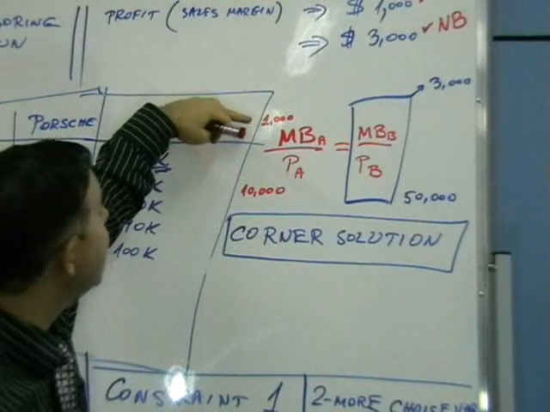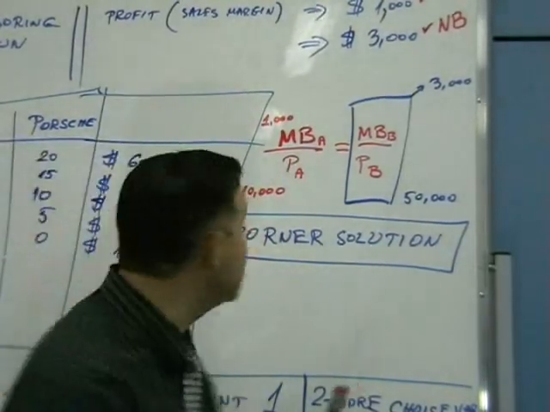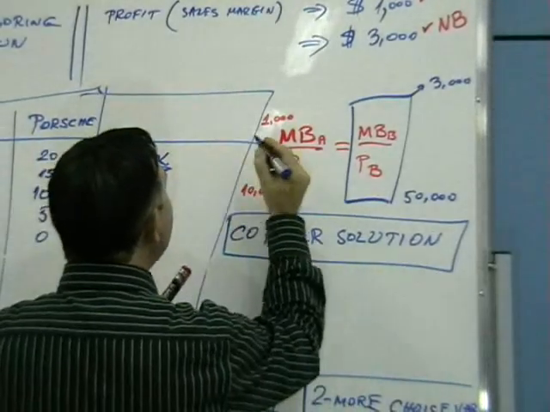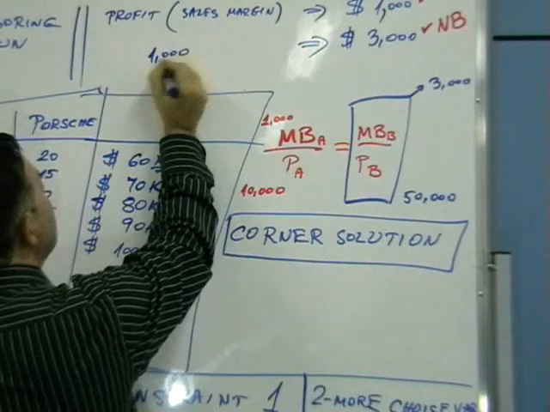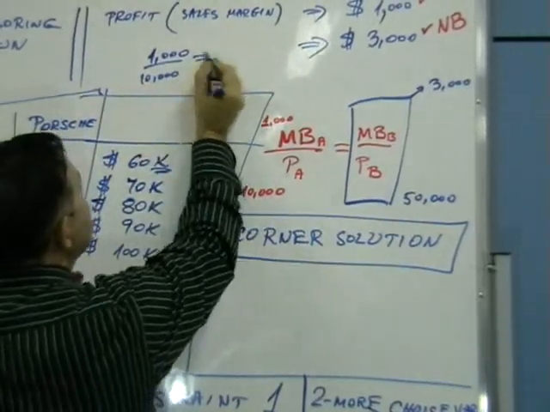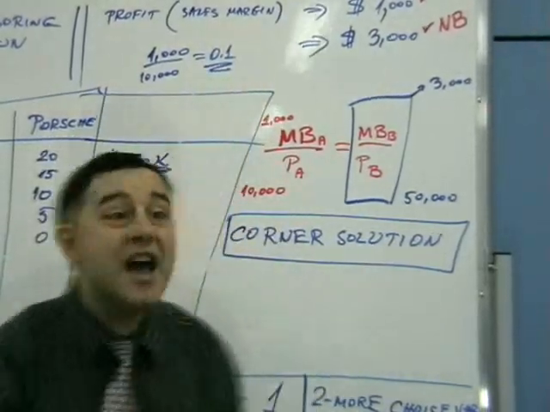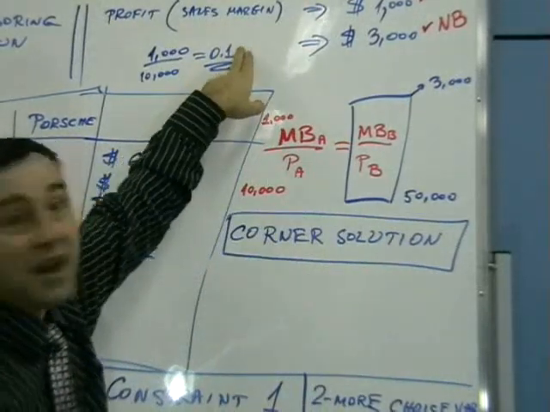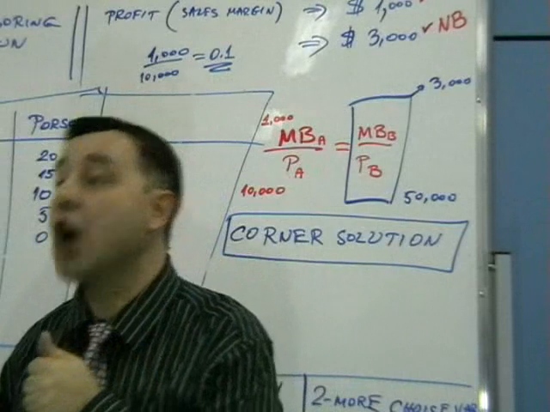In this particular case, the marginal benefit for the price of this is 0.1, right? 1,000 divided by 10,000, the marginal benefit is 0.1. In other words, we call it 10 cents on the dollar.